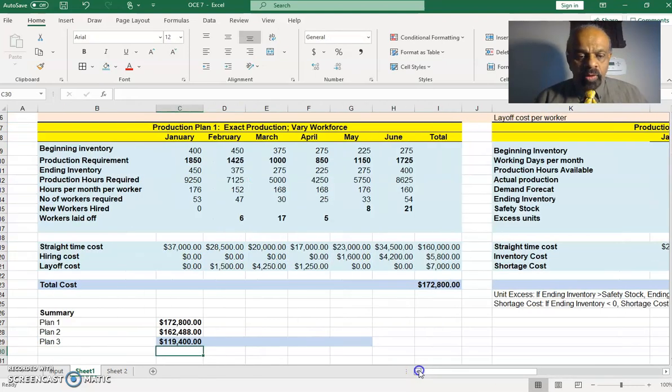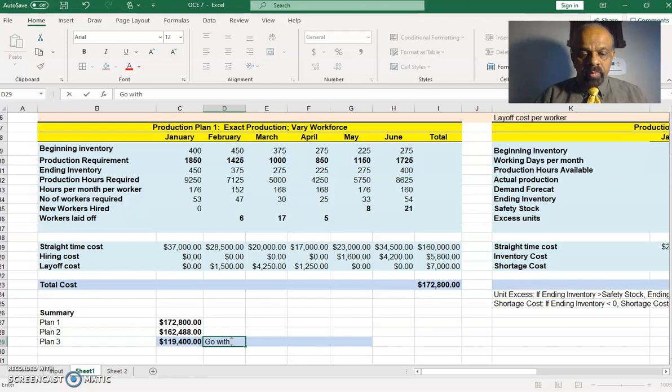So now I have all the three costs. Which is the best here? The best is the lowest cost. I'm going to go with Plan 3. So Plan 3 is the option that I would like to go out with.